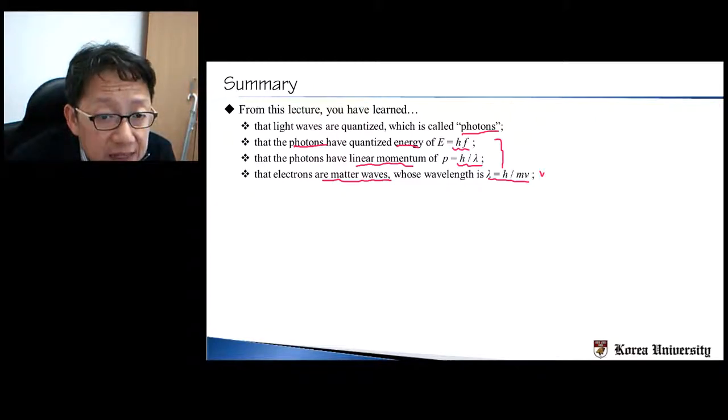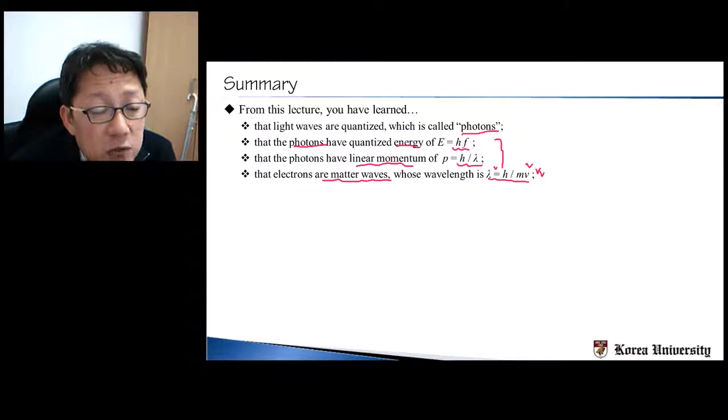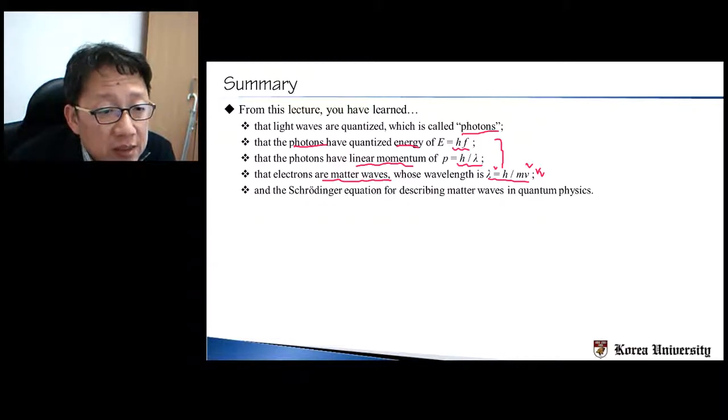So what it tells us is that when something is not moving, the wavelength is infinite, so it doesn't work like a wave, but as soon as it's moving faster and faster, the wavelength becomes smaller and smaller. Okay, this is how quantum physics works. And then finally we learned how we can find these matter waves for a given potential energy, which is described by the Schrödinger equation. So the Schrödinger equation is how we figure out the matter waves.